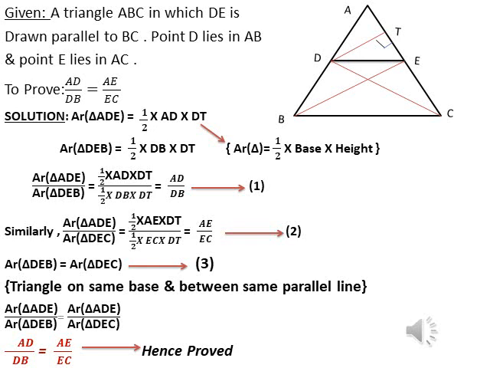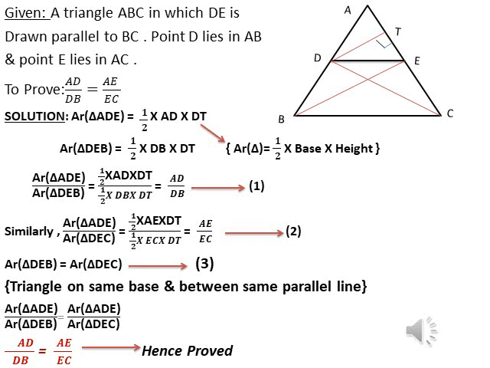Now, we'll write the area of triangle ADE. We know the area of a triangle formula is half into base into height. So, half, base I have considered as AD, which is what we want to prove here, and as per the figure, this perpendicular is DT. DT is the height.